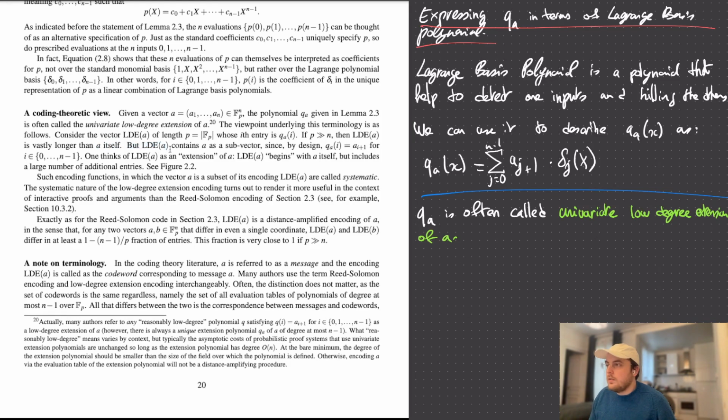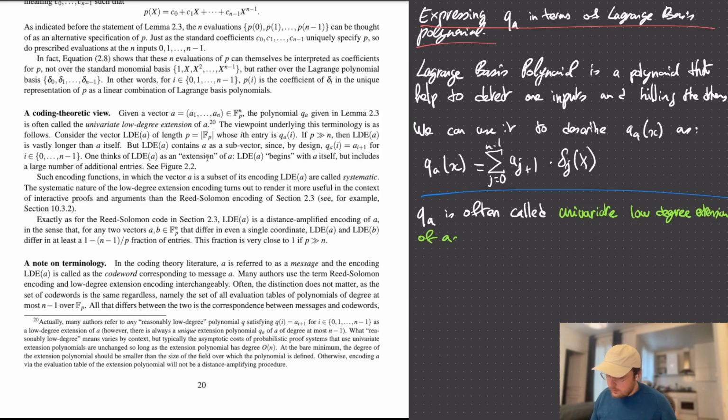But the low degree extension of A contains A as a subvector, since by design QA of I equals A I plus 1 for a set of inputs. One thinks that the low degree extension is an extension of A. The LDE begins with A itself, but includes a large number of additional entries.